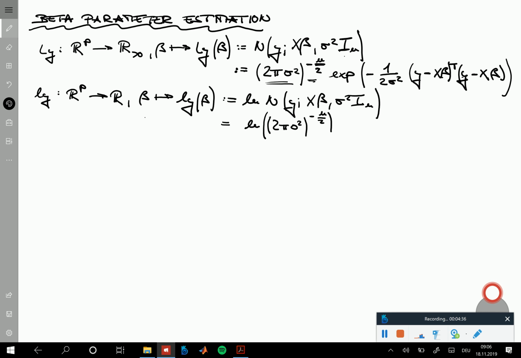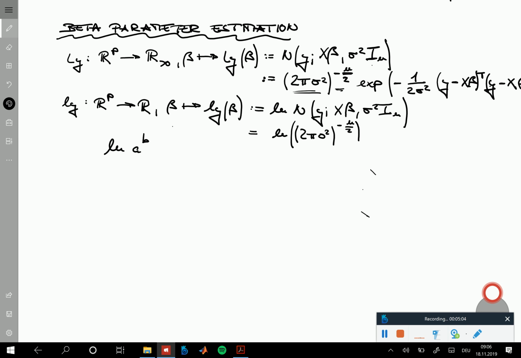So what does the log do to exponents? Rejects it or cancel it out with each other? No, don't cancel it out. So I'm not talking about the exponential right now. I think that's what you meant. So I'm talking about this. If you have log a to the power of b, what do you get? Minus b times... yeah, exactly.